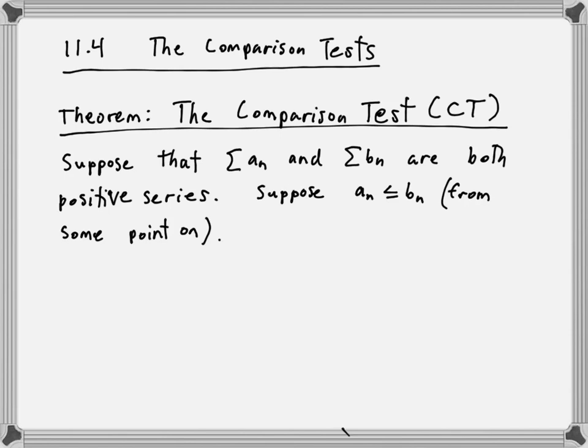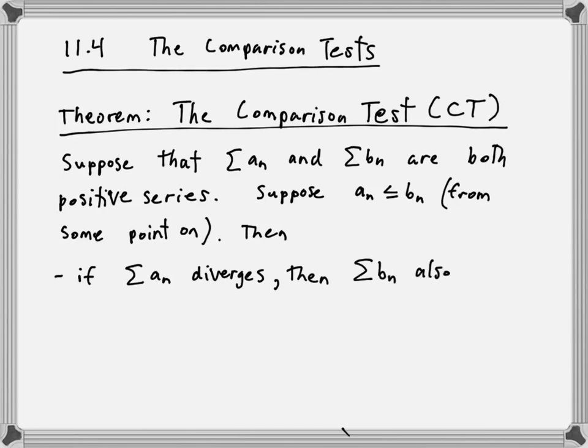What can we conclude? Then, first, if a_n diverges, then b_n also diverges.